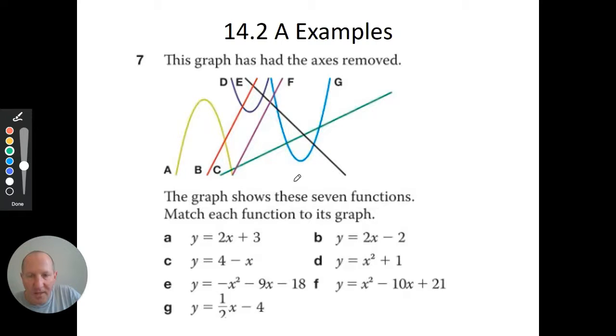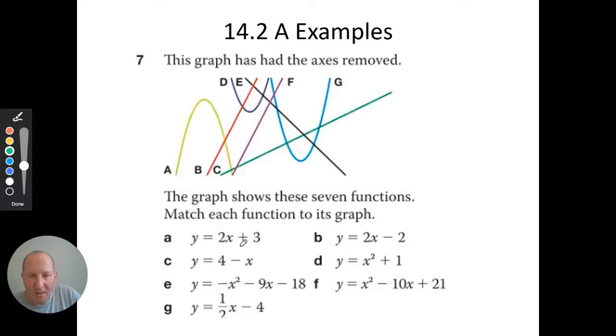Now if we look at the straight lines going up, where we've got positive gradients, these two here look to be like B and F, they're parallel. So let's see if we can find two equations where we've got the same number of x's, so that will give me the same gradient to make them parallel. But here we go, we've got a 2x here and a 2x here, so these two lines are parallel.